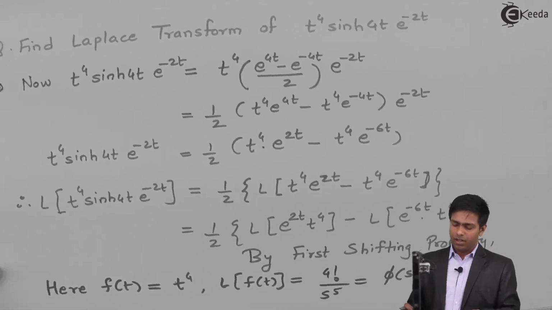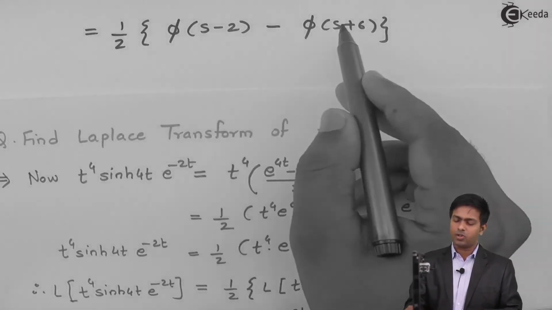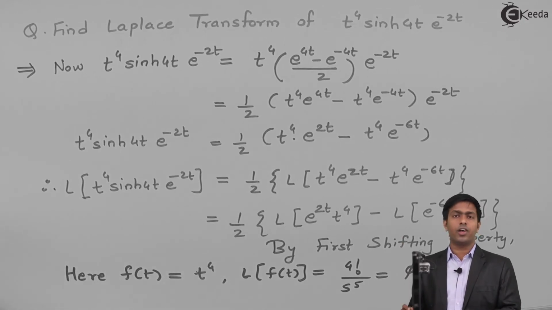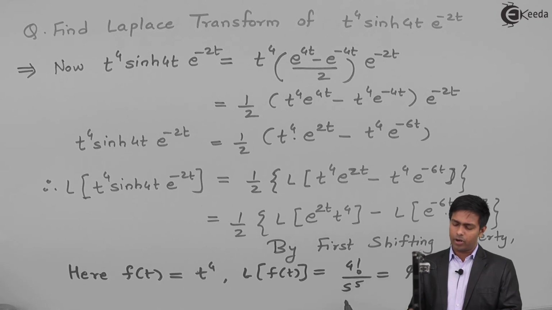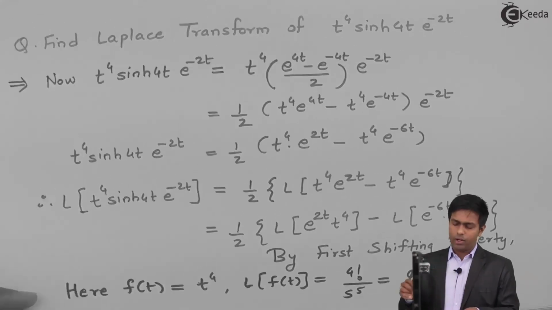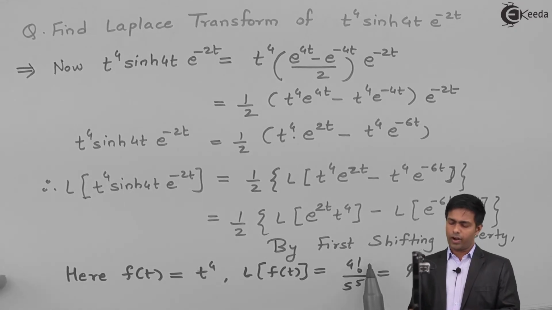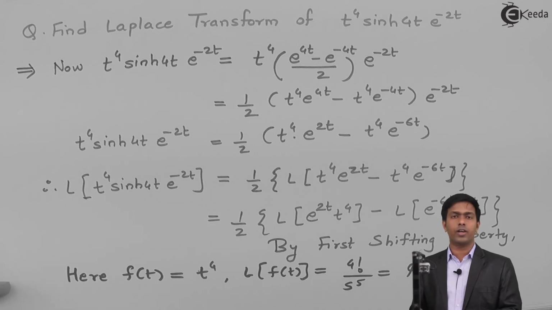Now let's get the value of phi of s minus 2 and s plus 6, and for that I am going to use the function of s, that is phi of s. Now value of phi of s is 4 factorial upon s raised to 5. So to get the value of phi of s minus 2, I'll put s equal to s minus 2 in phi of s. So this will become 4 factorial upon s minus 2 raised to 5.